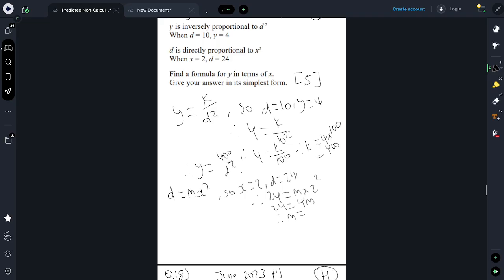So then the constant m, 24 divided by 4, well, that's going to be 8. No, no, 6. I was thinking something else there. So that means then d is 6x squared.